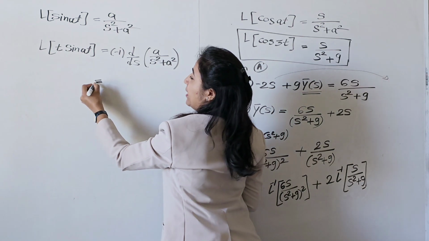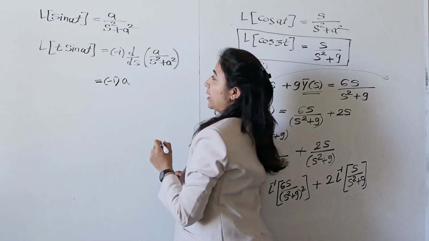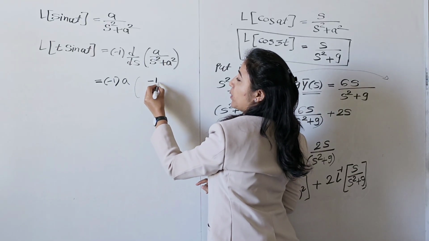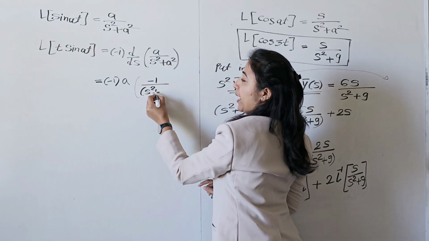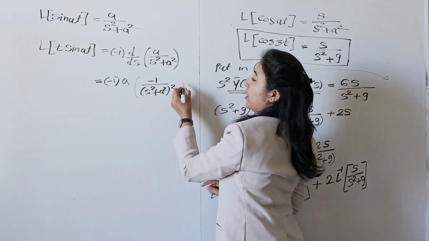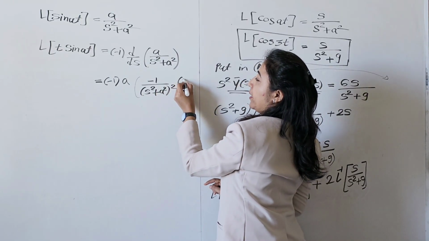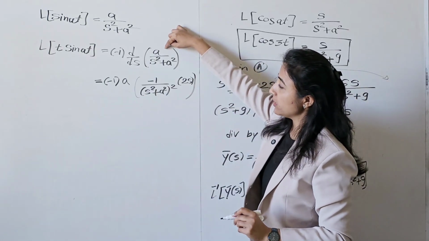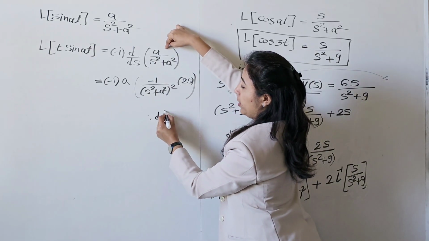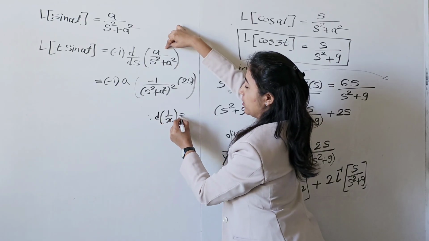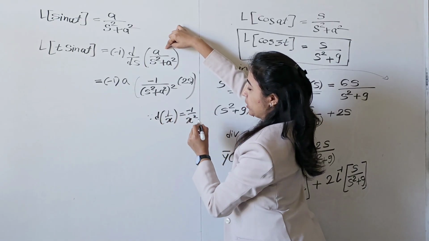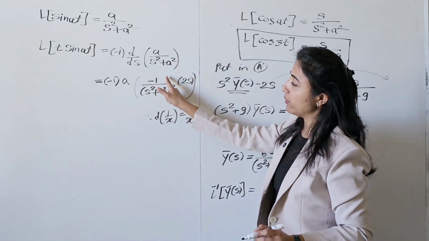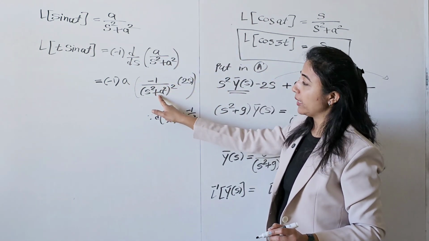Here the minus 1 and the constant a stay as they are, and the derivative of 1 upon s square plus a square is minus 1 upon s square plus a square whole square, times the derivative of the bracket term, which is 2s. Using the formula that the derivative of 1 upon x is minus 1 by x square, a is a constant outside, and for 1 upon this term the derivative is minus 1 by the whole square, times the derivative of the inner function.